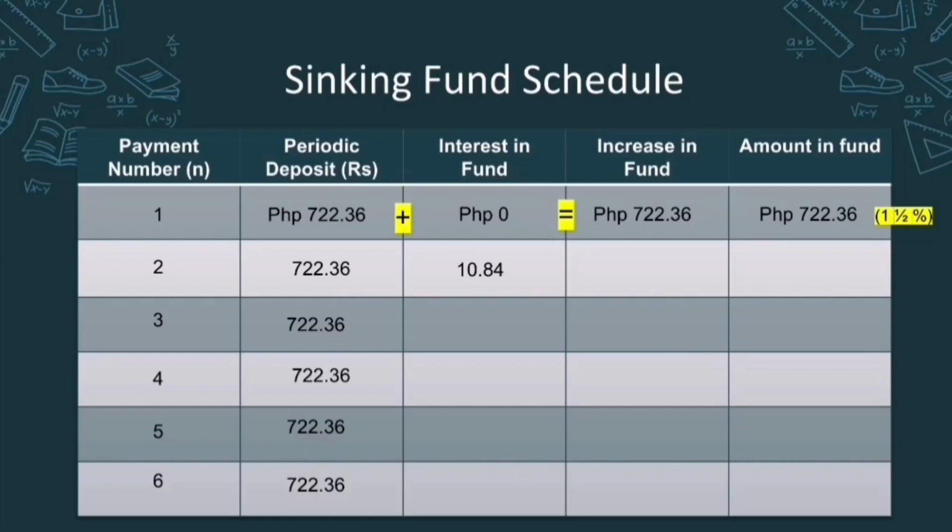So we have 10.84, and then we add it to our periodic deposit, and we will have an increase in fund, which is 733.2. And to find the second amount in fund, we need to add the increase in fund to the previous amount in fund, so that we will have 1,455.56 now in our amount in fund.